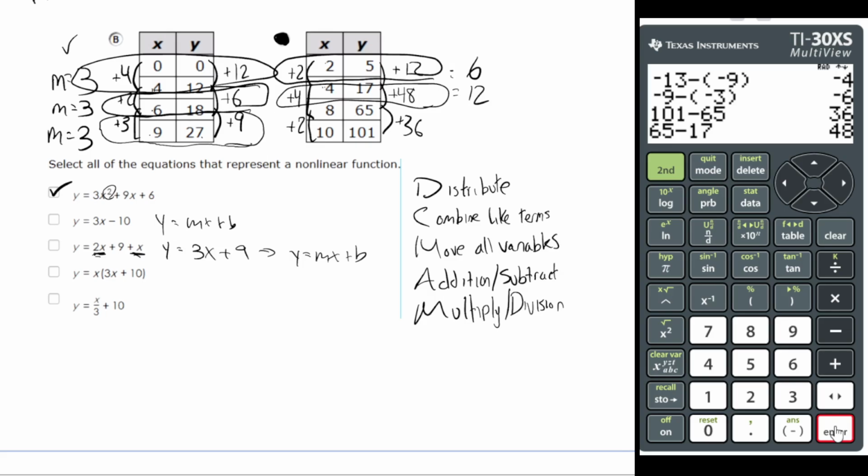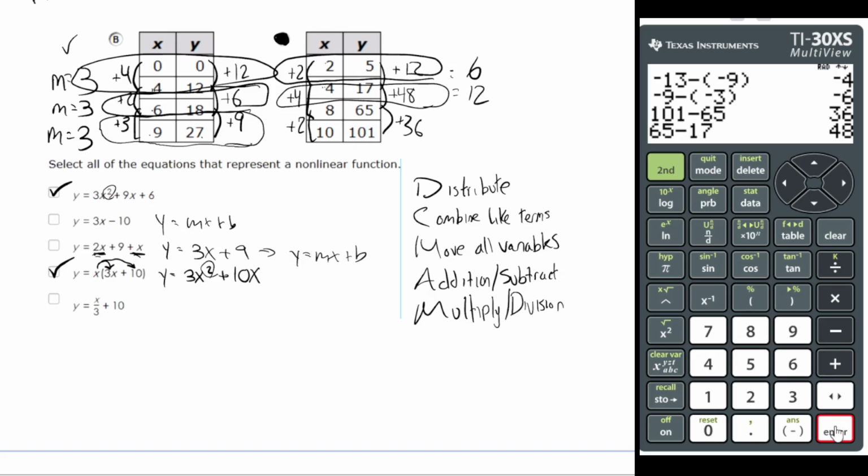Your first step here is to distribute. x times 3x would make 3x squared. And x times 10 would make 10x. Uh-oh, now we have an exponent.